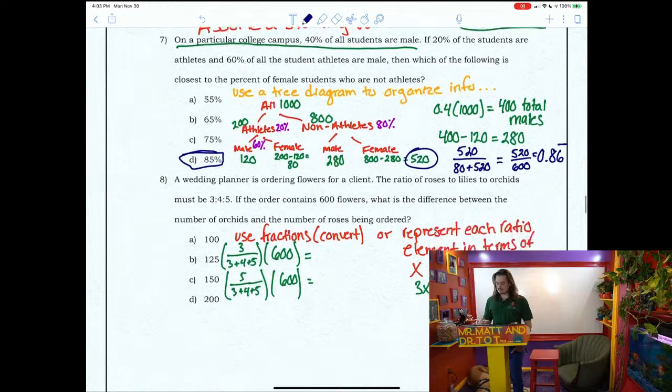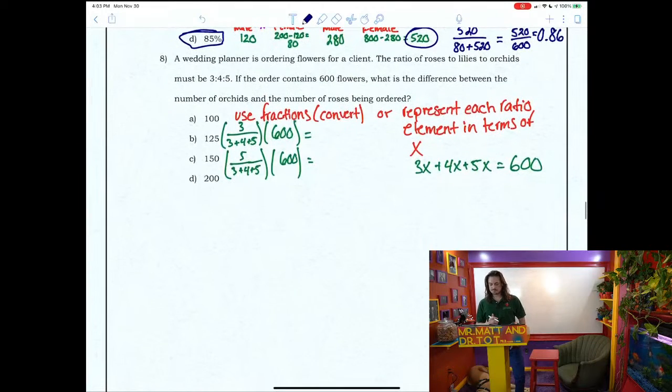For 8, there's two ways of solving here. We can think of ratios as just comparisons of the numerators of fractions that have the same denominator. So for example, when they say that the ratio of roses to lilies to orchids is 3 to 4 to 5, if you sum those ratio elements together, that necessarily is the denominator of the fraction, and then you can use the ratio element as the numerator.